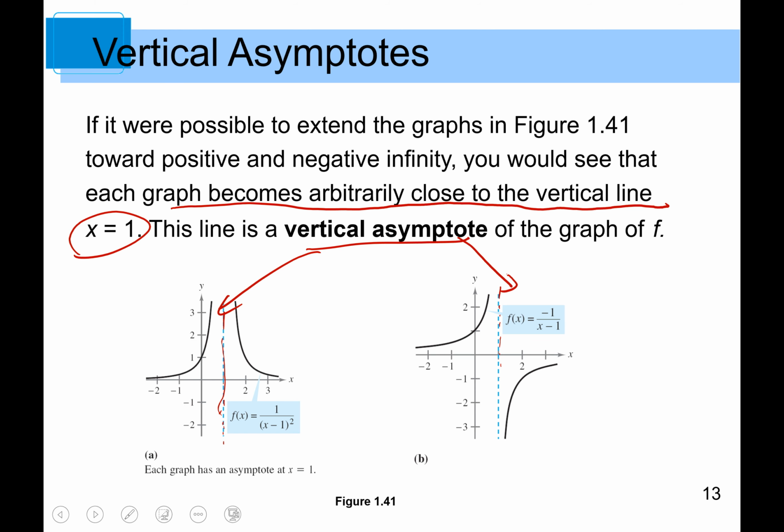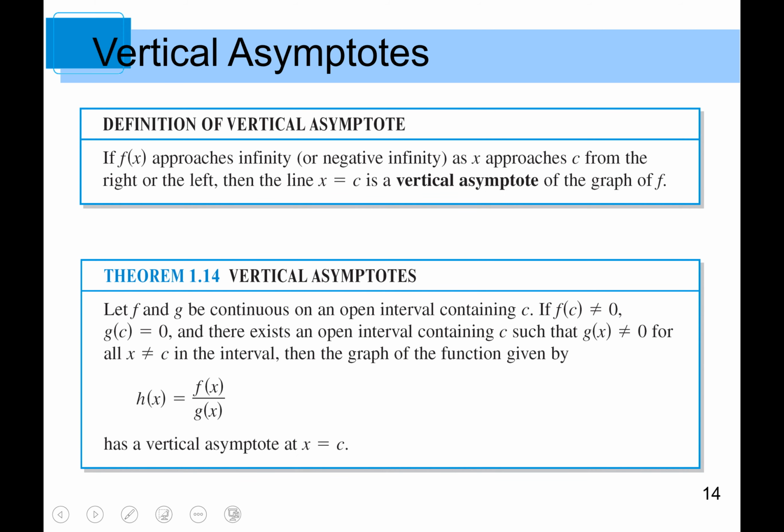Okay, that vertical line is the vertical asymptote. So the definition of a vertical asymptote is: if f of x approaches positive infinity or negative infinity as x approaches c from the right or the left, then the line x equals c is a vertical asymptote of the graph of f.